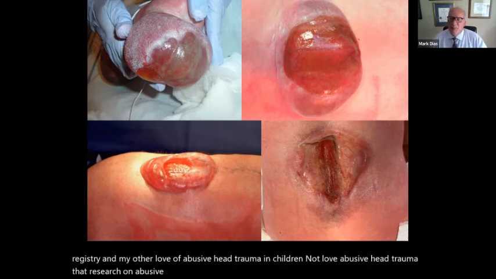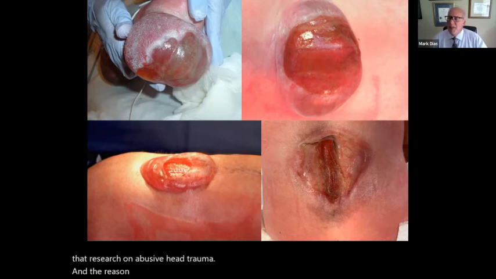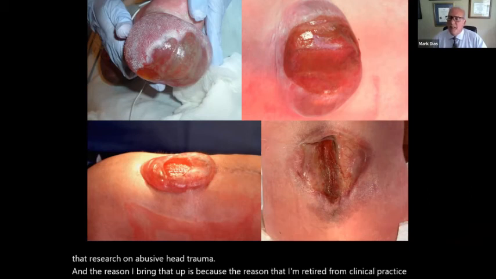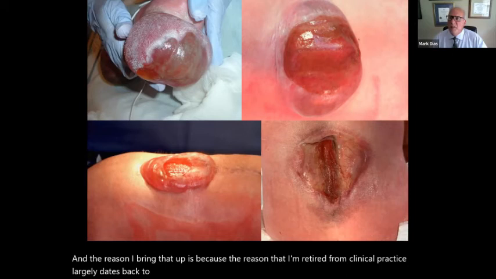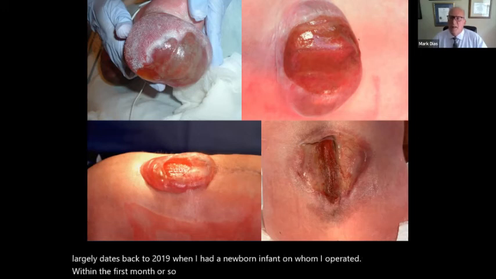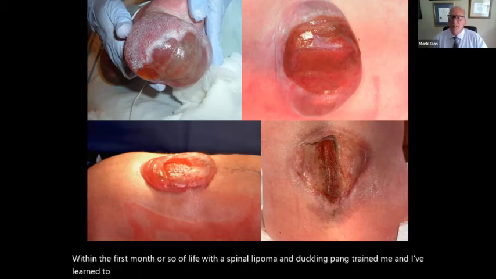And the reason I bring that up is because the reason that I'm retired from clinical practice largely dates back to 2019, when I had a newborn infant on whom I operated within the first month or so of life with a spinal lipoma. And Dr. Pang trained me, and I learned that technique as a resident.